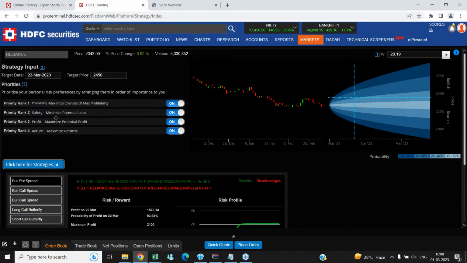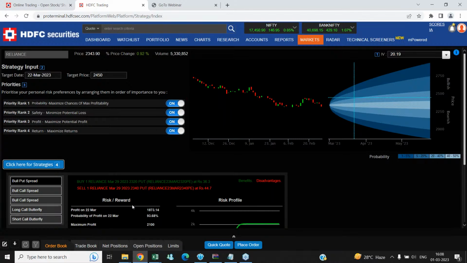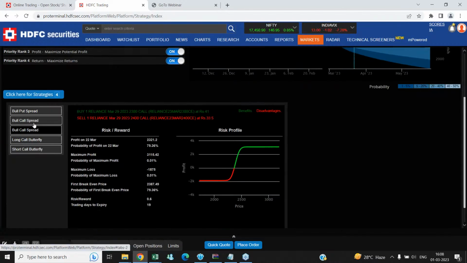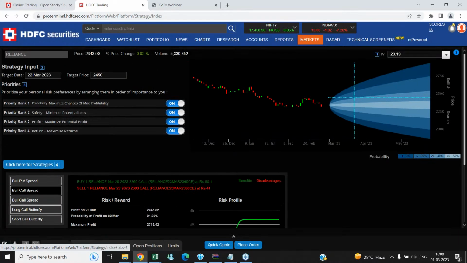You can also prioritize the rank on the four terms we have given you: the probability, the safety, profit, and return. Set your priority, and then click here for the strategies. Once you click, you will get all the possible strategies you can do in this particular stock. So that was from my end about option trading strategies in the Pro Terminal.